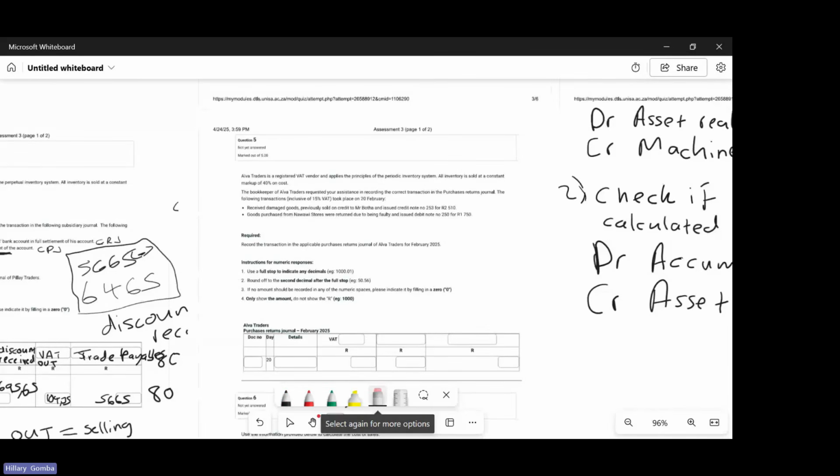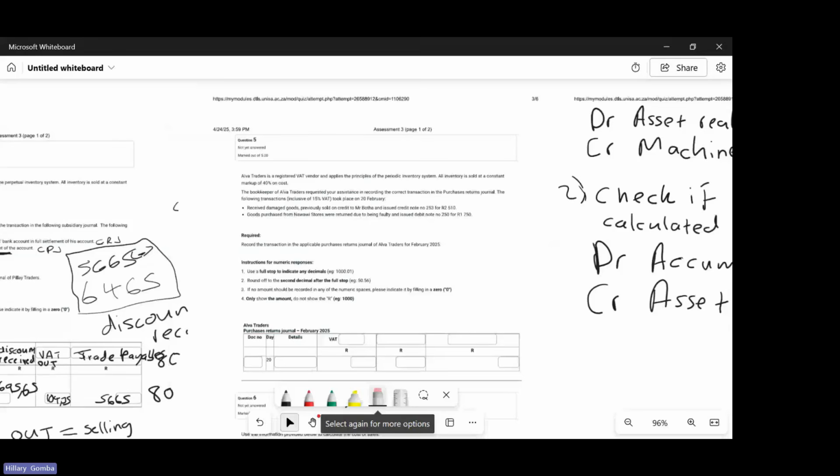Alva Traders is a registered VAT vendor and applies the principles of the periodic inventory system. I just want to find out, had we not had a discount, were we going to calculate that on that 5665 amount? Yes, we're going to.